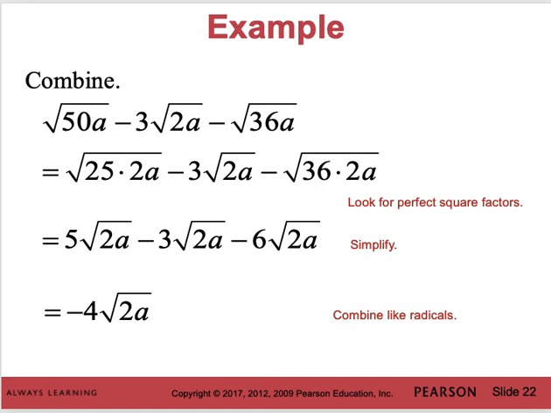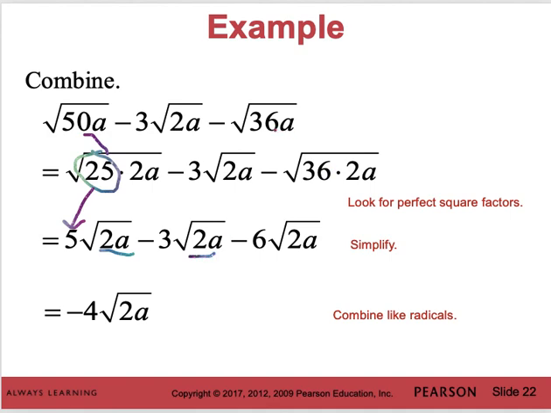In our last example here, combine any like terms that we can. In this case, the first thing we want to do is simplify those numbers and think of numbers that are perfect squares. 25 is a perfect square. And in that case, that 25 can cancel out to 5. We're left with 2a.